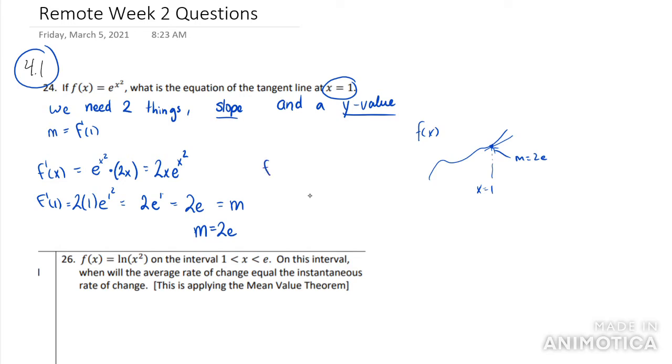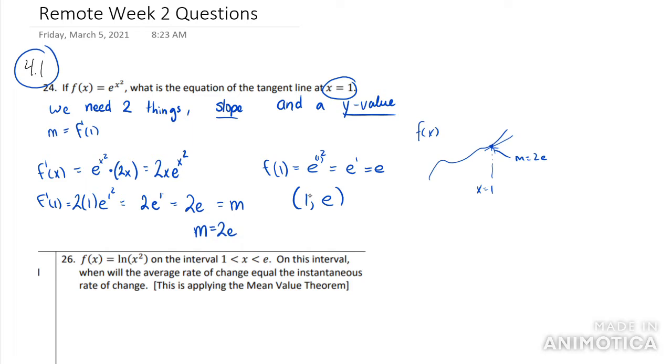I'm going to evaluate f at 1 because this is going to give me my y value. Plugging this in, this is my original function, so it's going to be e to the 1 squared. Well, that's easy. That's just e to the 1, which I'll say is e. So I have the point (1, e) with a slope of 2e.